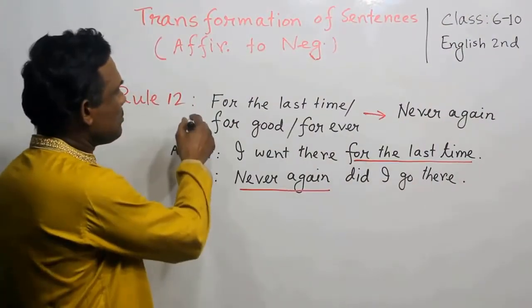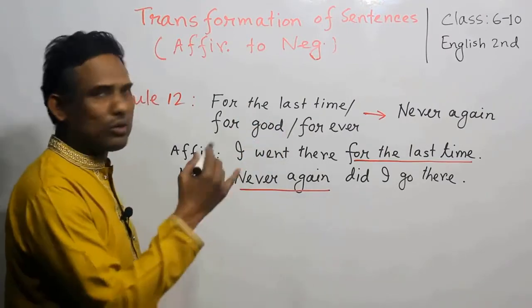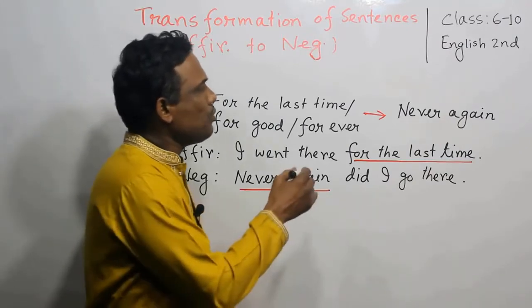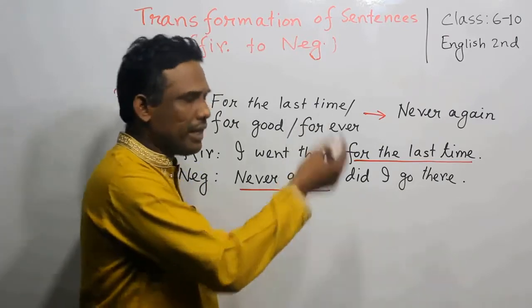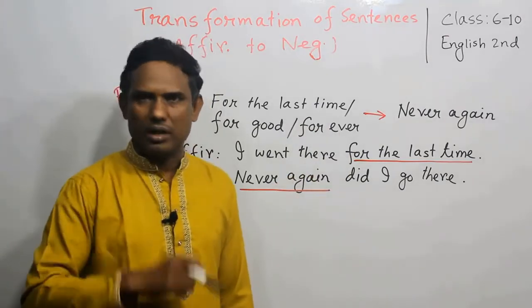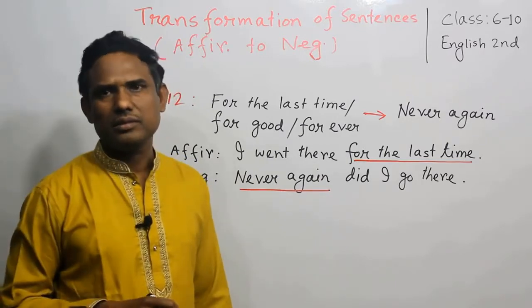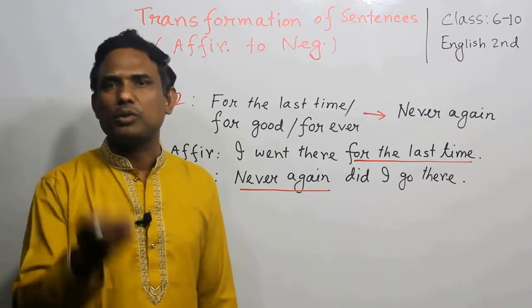Rule 12. When you see for the last time or for good or forever in a sentence, you can make a negative sentence by using never again. Here you should remember, you must start the negative sentence with never again and you must use the auxiliary verb before the subject.